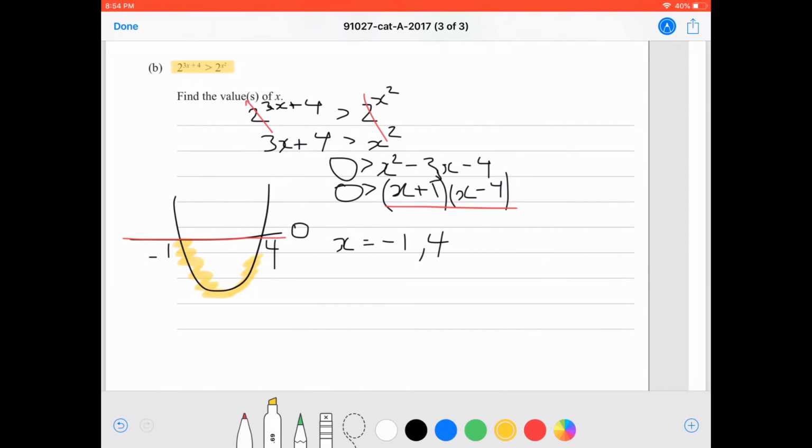All the values for x where the function is less than 0. Meaning, we can say for our final answer, x must be less than 4 and x must be greater than negative 1. And this range of values for x, and notice that the question said values of x. Okay.